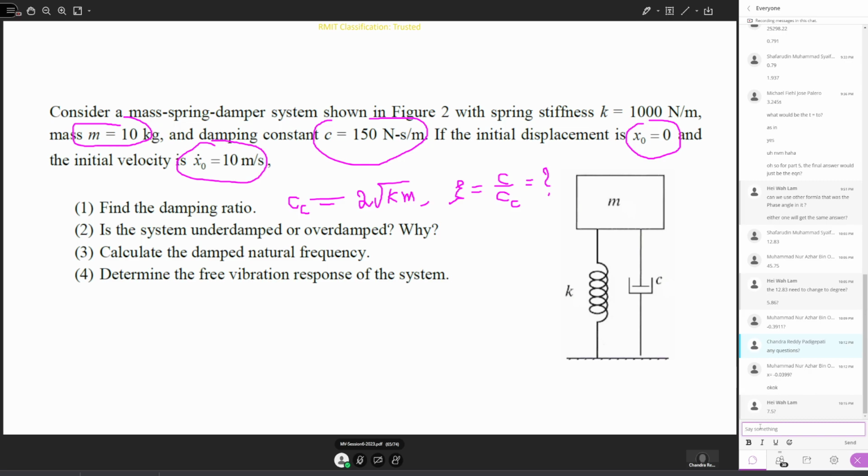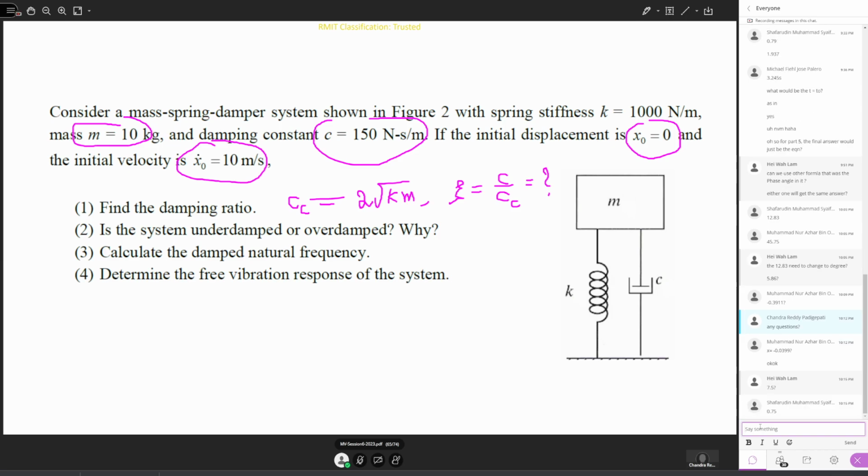That's correct, Eva. Not 7.5, it is 0.75. So eta, you will get 0.75.